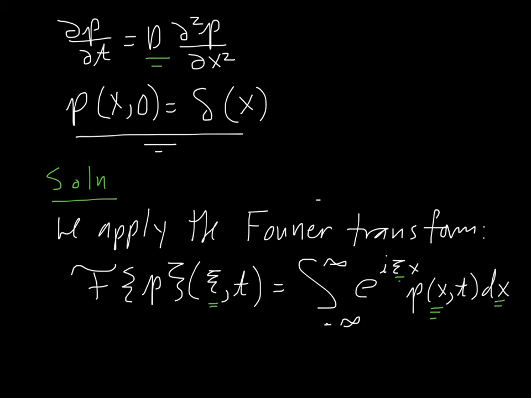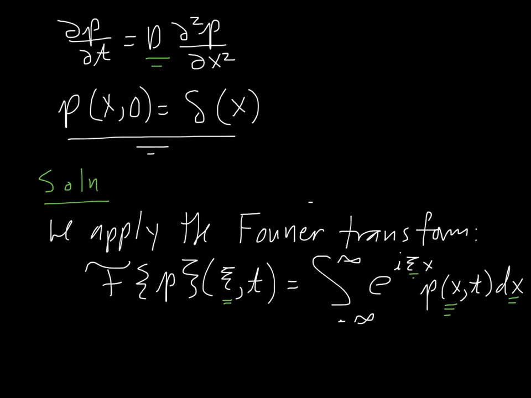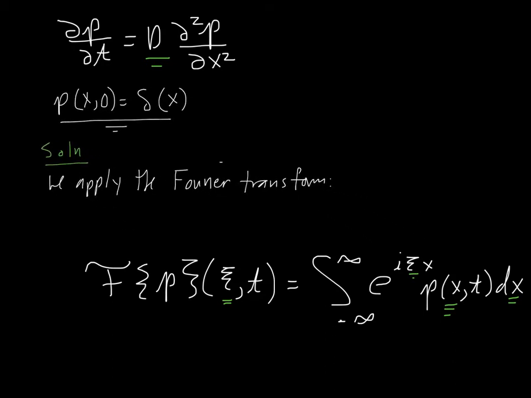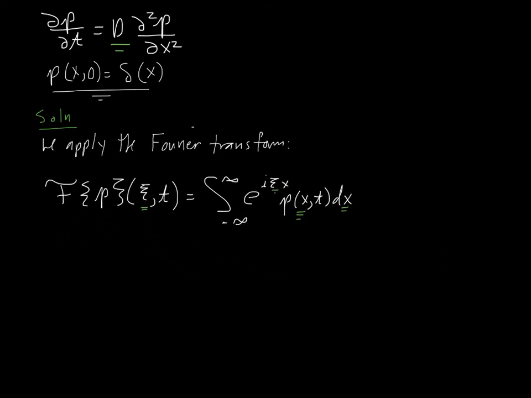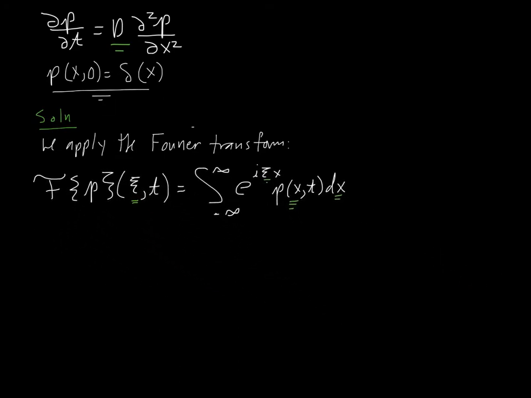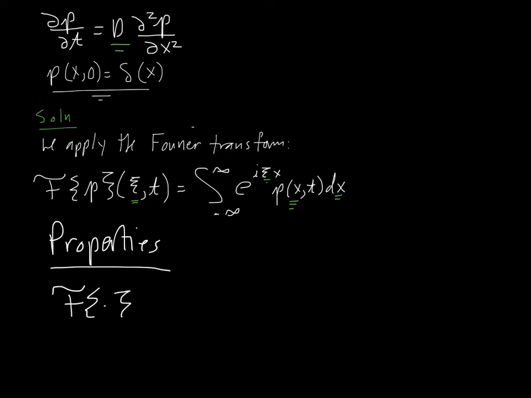The first thing that we need to do is to put down some properties of the Fourier transform so that it can help us out. One of the best properties of it is that it's linear. Namely, we can factor out constants.